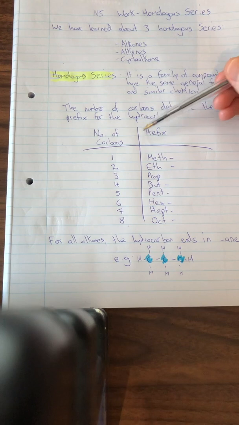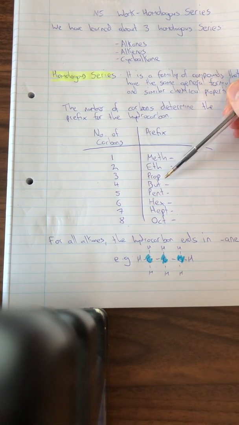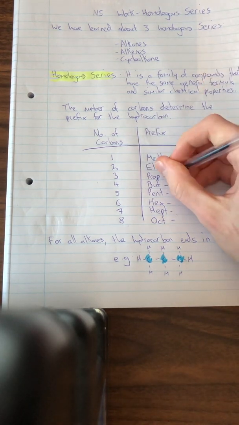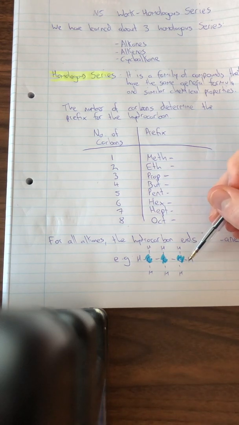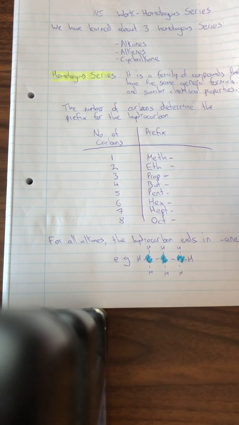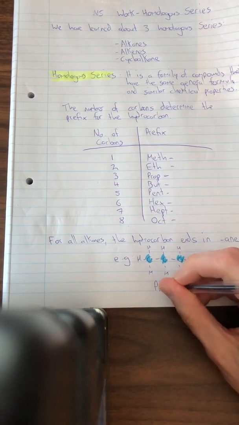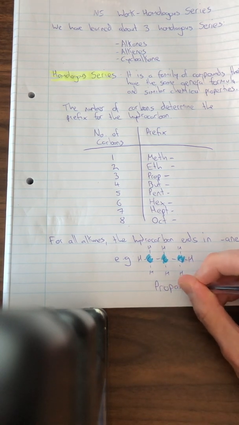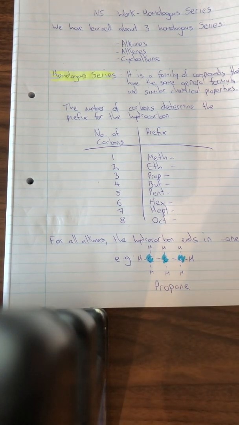If we look at our table here, 3 carbons means the prefix is prop. And because it's an alkane, it ends in ane, so this here is called propane. And that's how we get that.